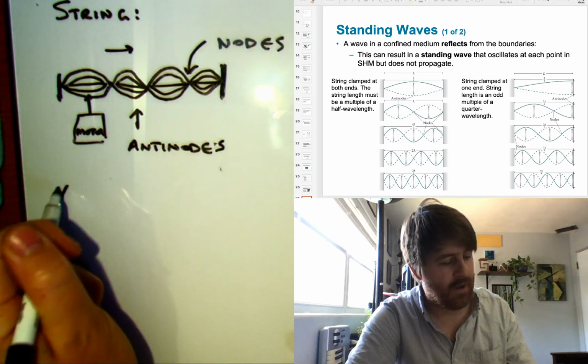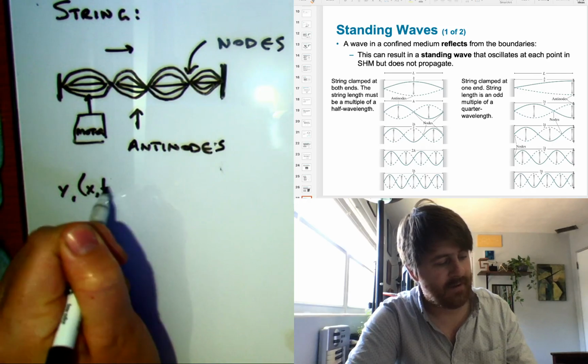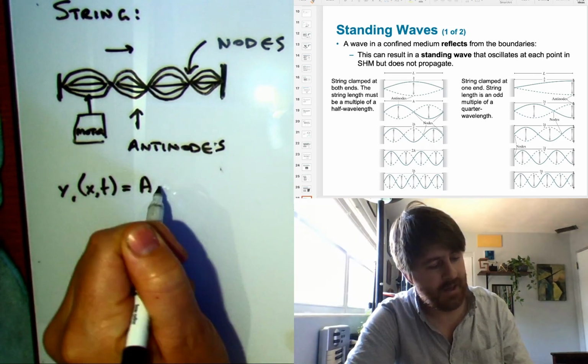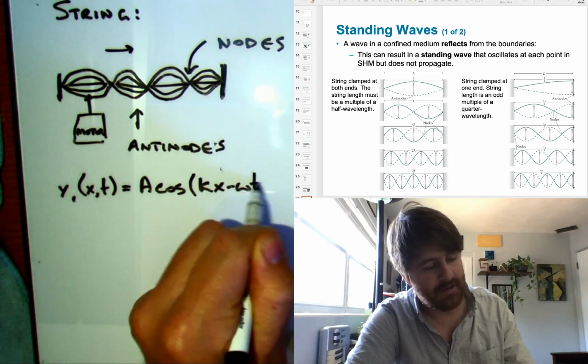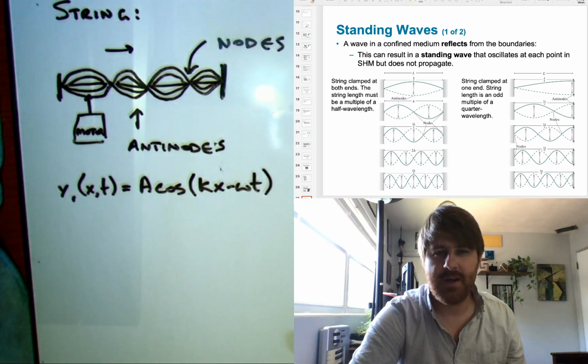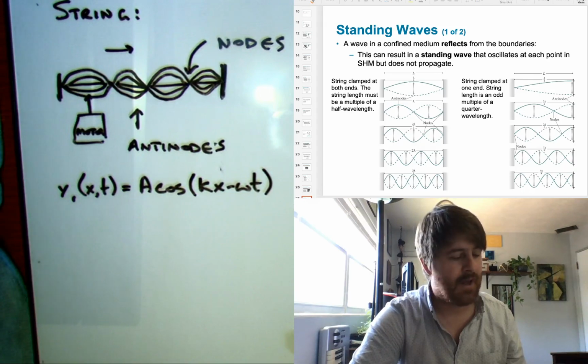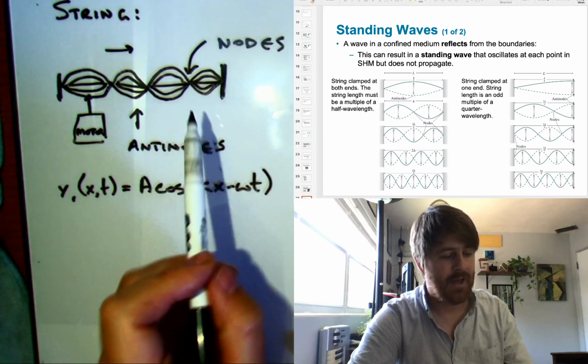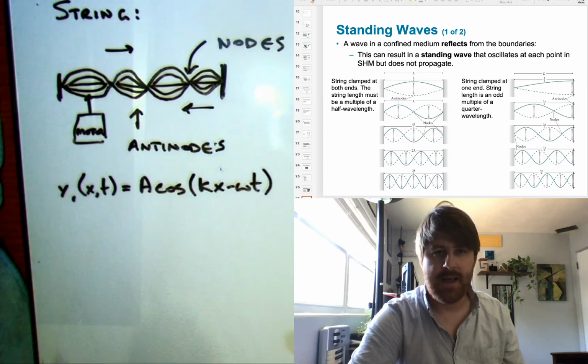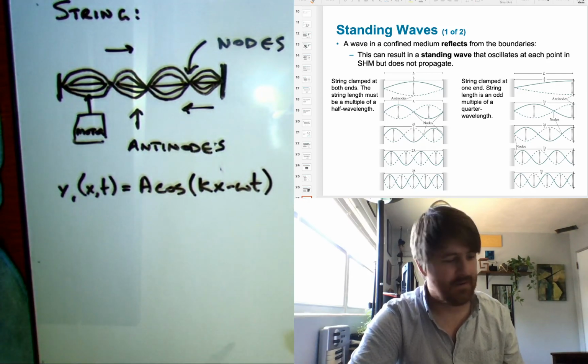We have y1 of x and t is a cosine kx minus omega t. That's a wave function for a traveling wave which is propagating to the right. Now I also have the wave which is propagating to the left, and it's inverted.